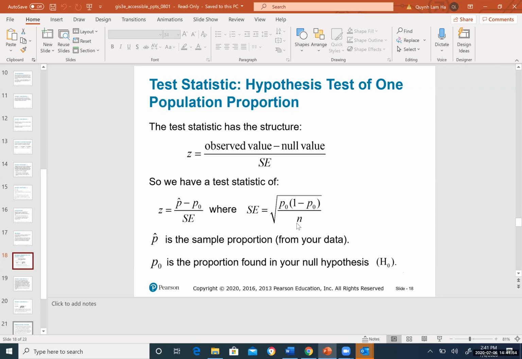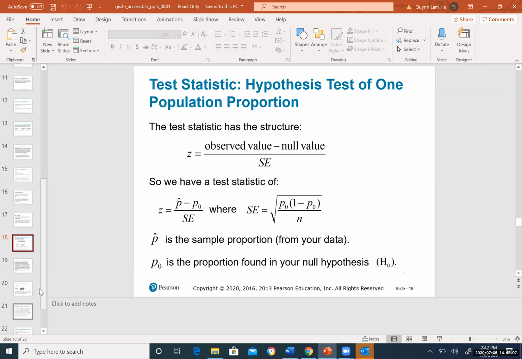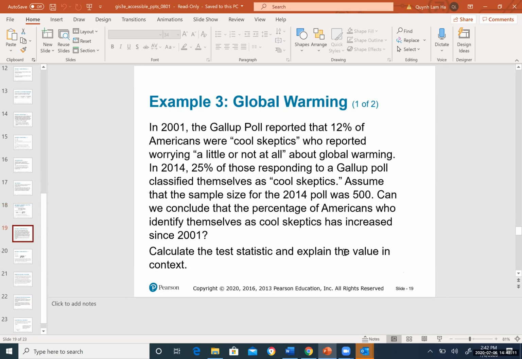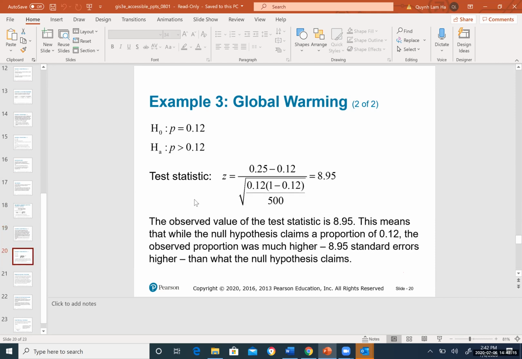And divided by 500. You have SE. If you use StatCrunch, you plug everything in. Hopefully later I will run it for you to see it. So keep this in mind. They're talking about the right tail, right? Increase. And you will see it.